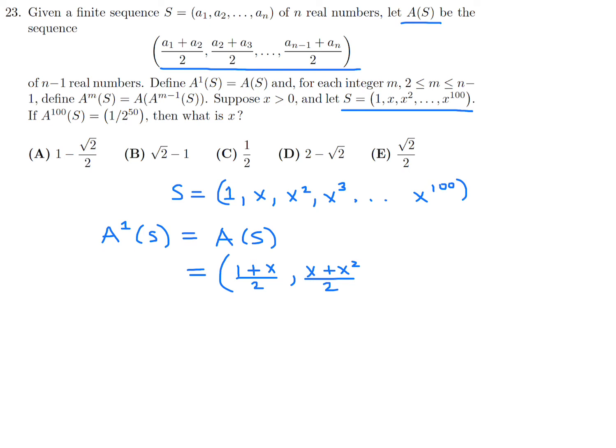And so on and so forth. I'll just do a few of them: x squared plus x cubed over 2, x cubed plus x to the 4 over 2, and it kind of goes on from there. You get the point, all the way until x to the 99 plus x to the 100 all over 2.